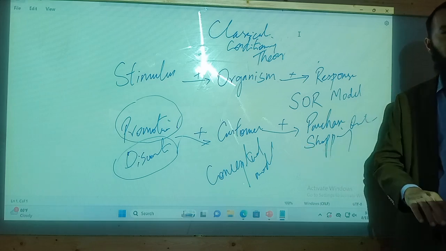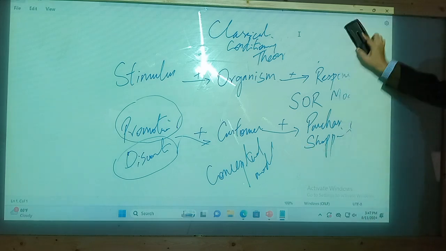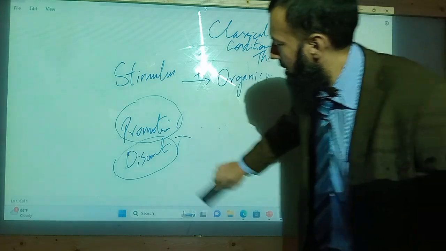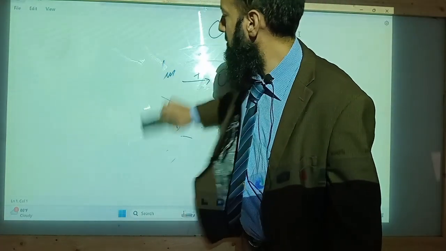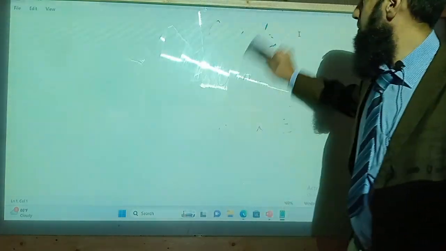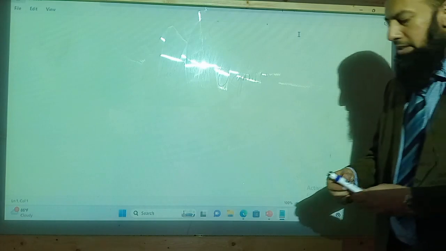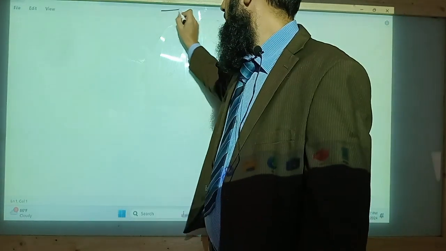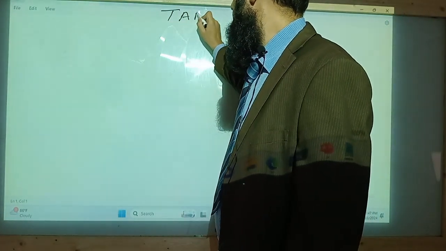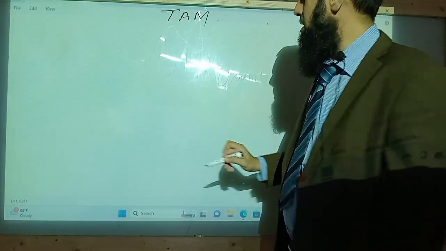I want to give you more examples so that you understand it well. Another example is the technology acceptance model. What does it say?